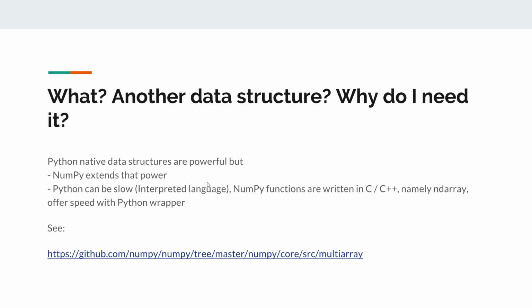Now, one of the other advantages of NumPy is that it's written in C and C++, and then wrapped with Python, meaning that its interfaces are written in Python. However, when it does some of the heavy lifting and the ndarray related work, which you'll see shortly, it's handed over to C and C++ to do that. The reason for that is because Python is an interpreted language.